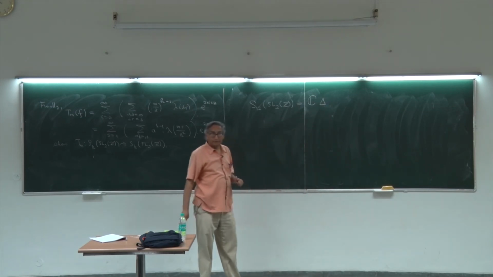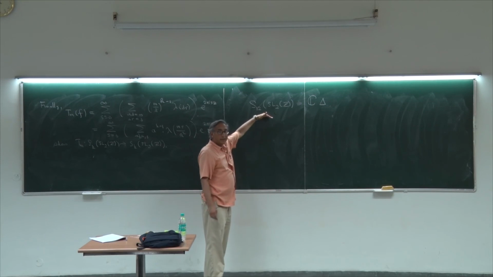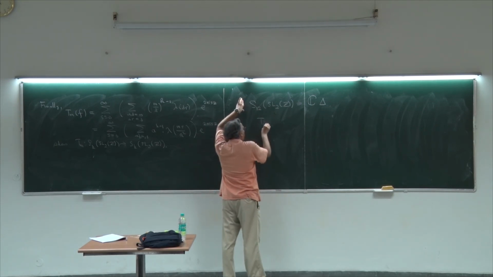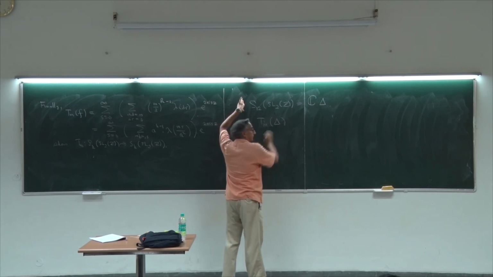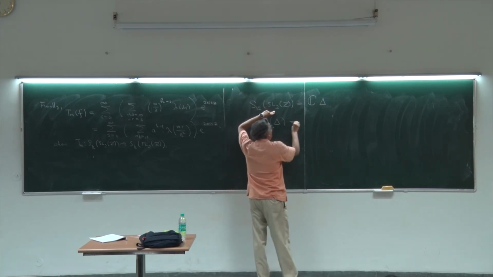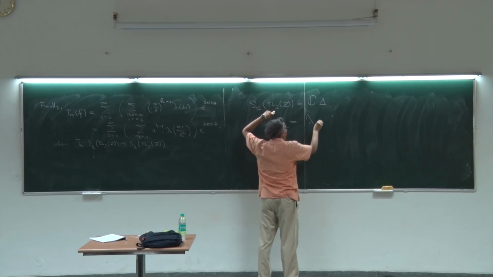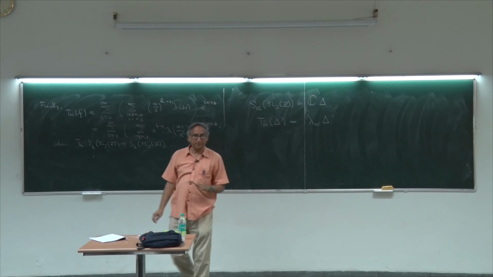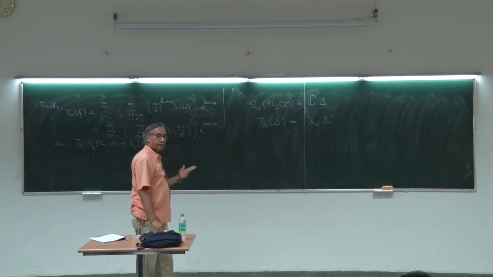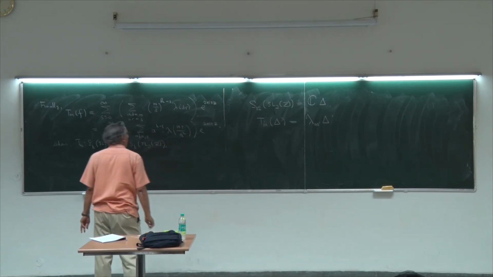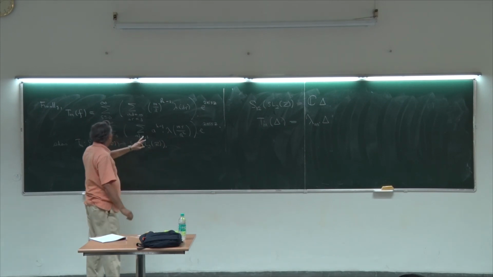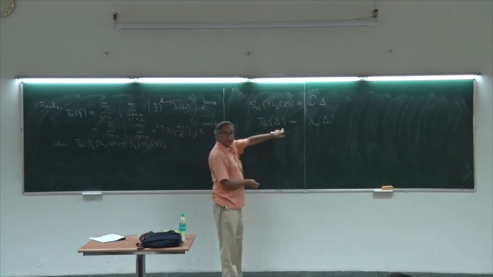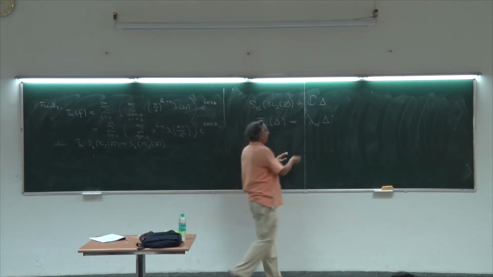We already know that. So now let's act by the mth Hecke operator. So if I calculate the mth Hecke operator on delta, it has to come out to be some multiple of delta, because it's a one-dimensional space. Okay, so let's try to calculate what that coefficient is. So this is telling me that, for example, let's calculate the nth coefficient of both sides.